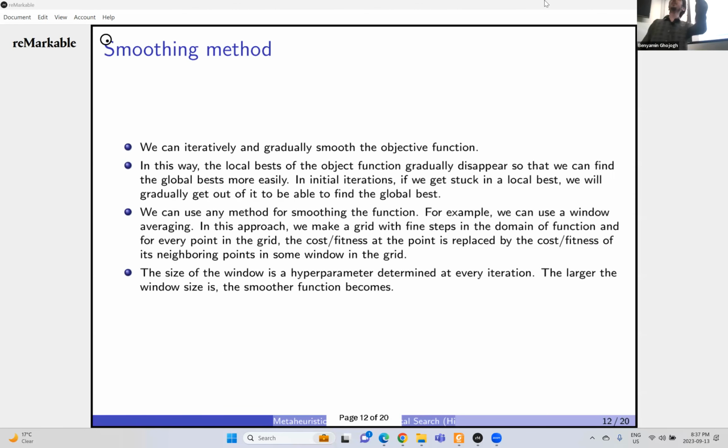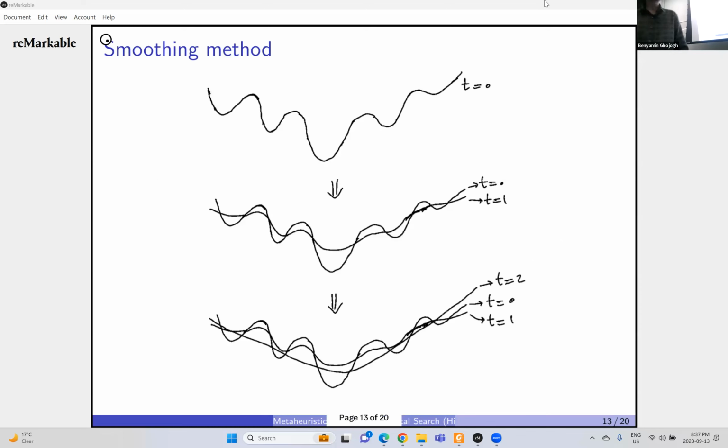The other way to do that, let's smooth the objective function. What do I mean? By looking at this, you'll understand very well. Initially, let the objective function be like the figure above. This is a global best, but we have a lot of local bests, right? Let's smooth this objective function.